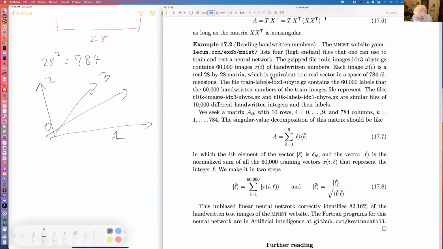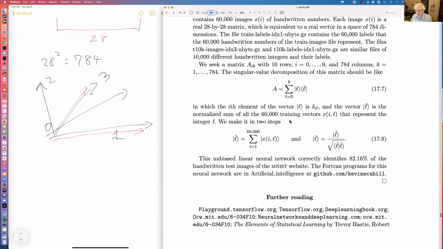And if the vector was closer to 1 than to any of the others, I called it a 1. If it was closer to 3, I called it a 3, and so forth. And that worked at an accuracy of 82%, which isn't bad.